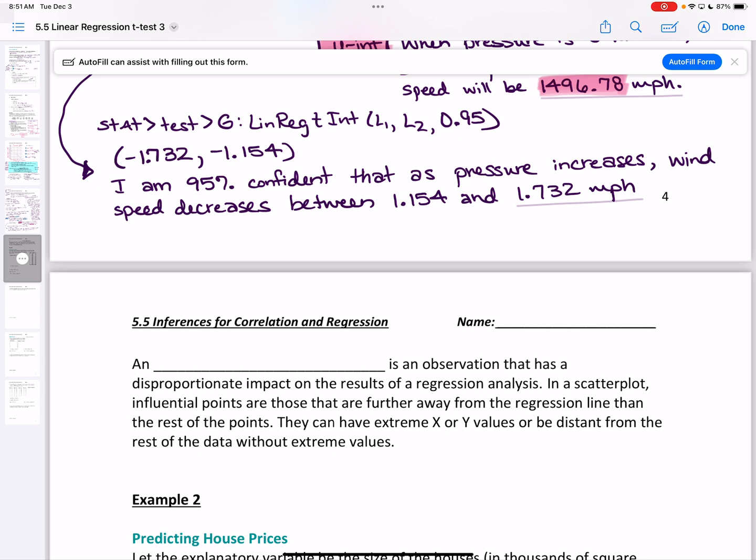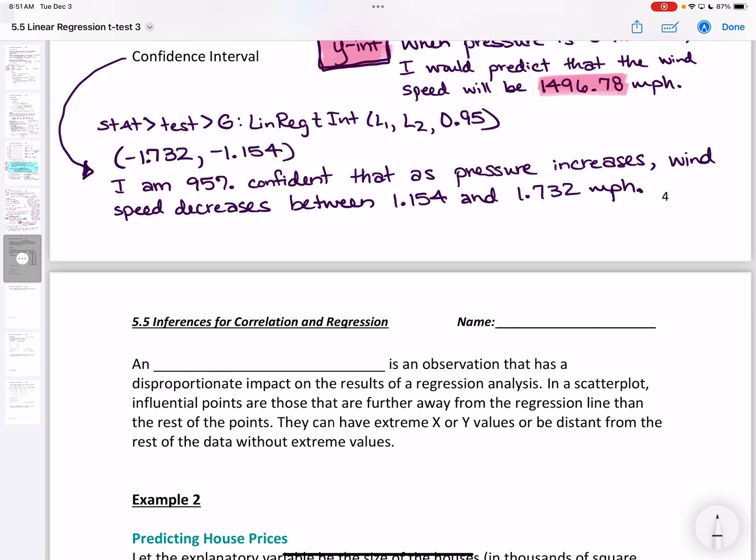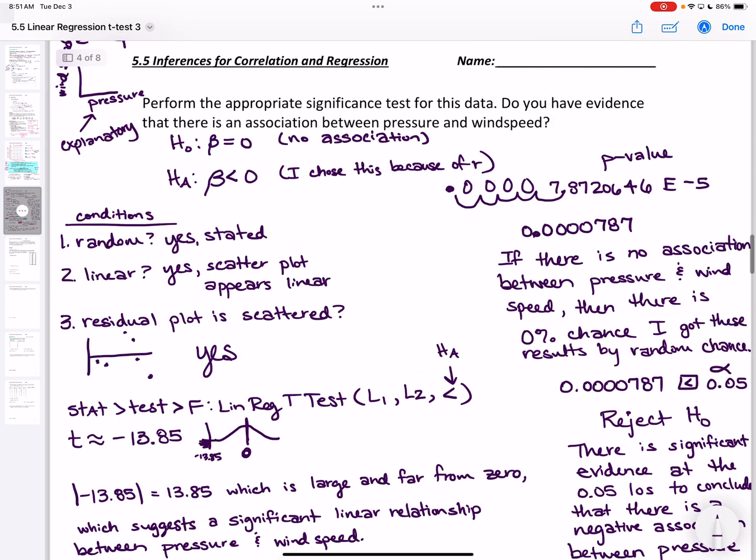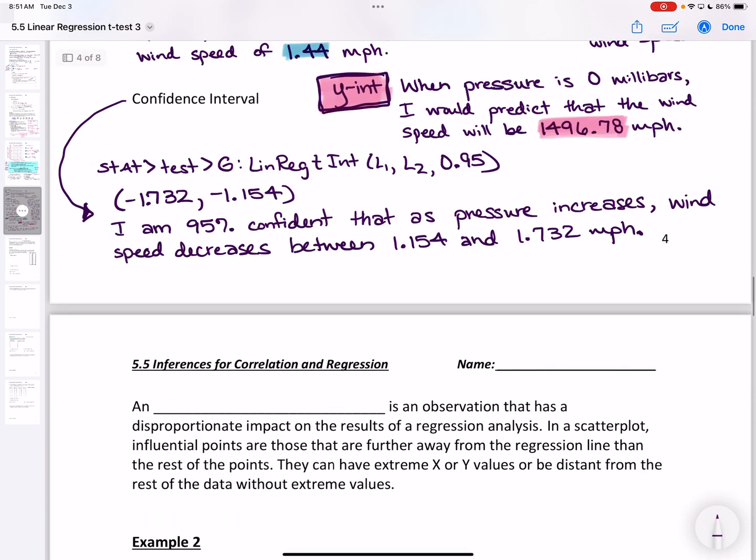So does that confirm my hypothesis test results? Yes. And you don't necessarily have to write this. I am going to write it for the third time, just so that it helps you remember, okay? So look at what's in the null. If there's no association, then beta equals 0. Then I said beta is less than 0. Look at your results. Is 0 present? No. Is beta less than 0? Yeah, look, this is negative and this is negative.